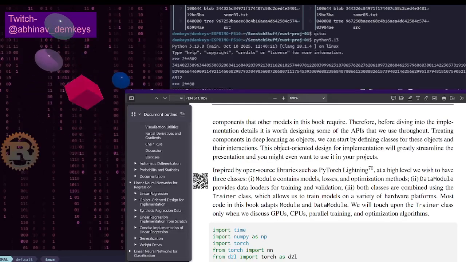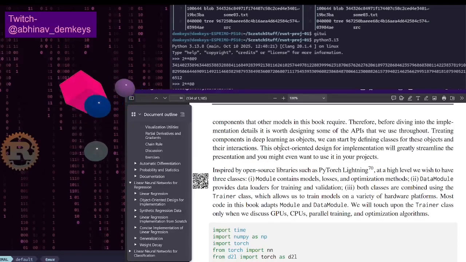I'm a bit confused. Why are they talking about the API as if it doesn't yet exist? Should I be looking at this?